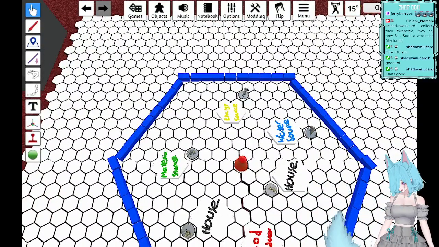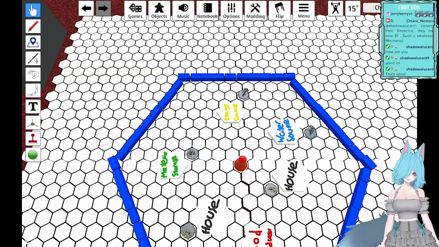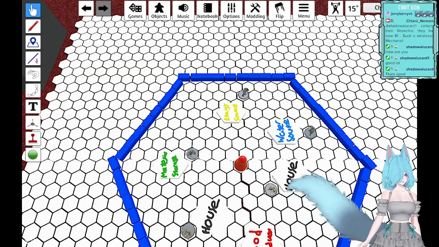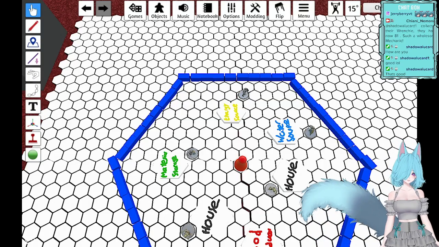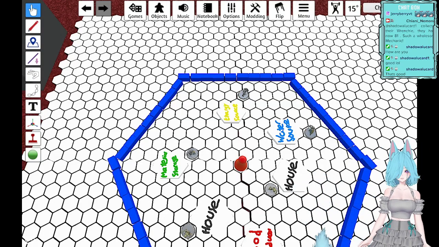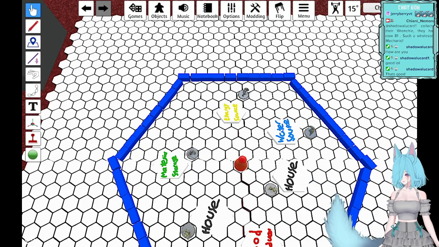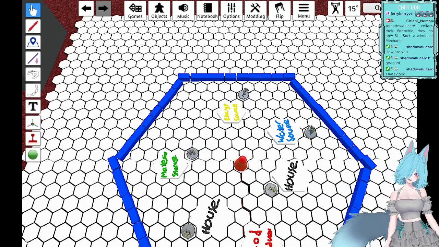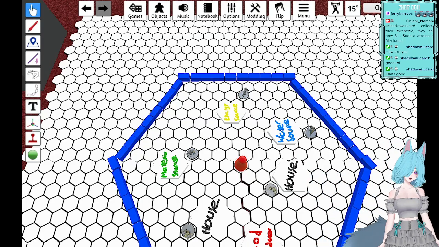And that is us. This red guy, that's us. Who are we? We are a godlike alien creature with the ability to transform the town and defend it, and we can evolve its people.